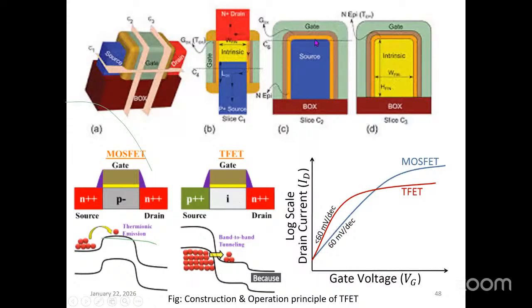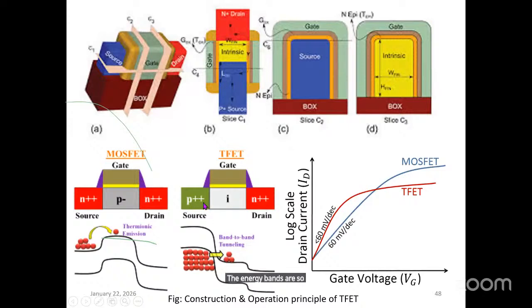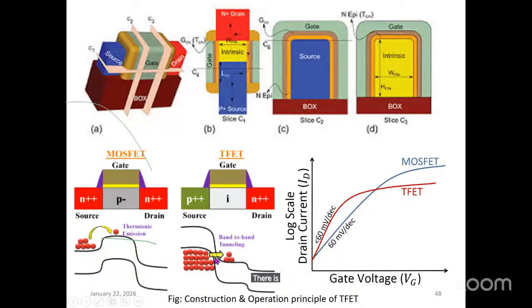Because of the thin film, because of application of positive gate voltage, the energy bands between first and second are so aligned that electrons will move from this P side to N side without making them hot. Therefore, there is no hot electron effect, there is no short channel effect, and the device can switch very quickly without any power dissipation. Ideally, dissipation is zero, practically very, very less as compared to MOSFET.